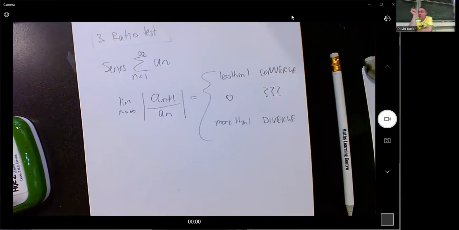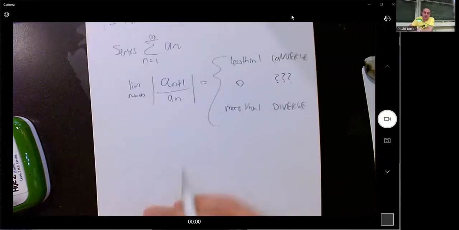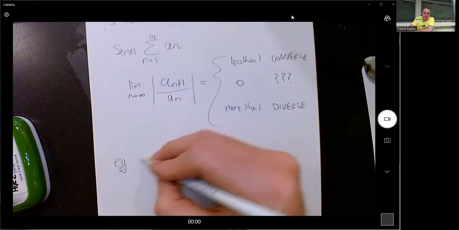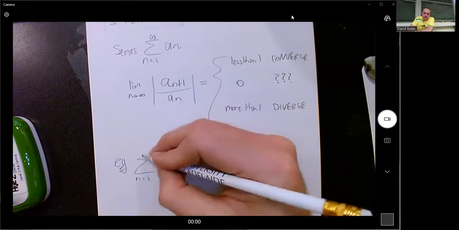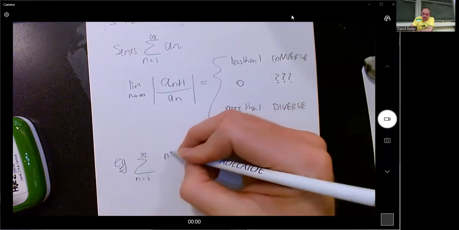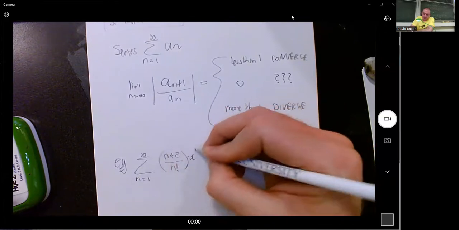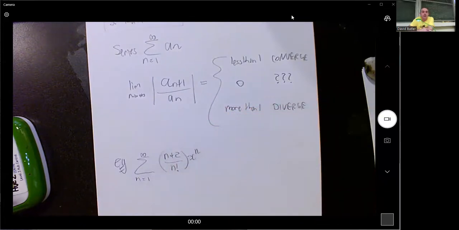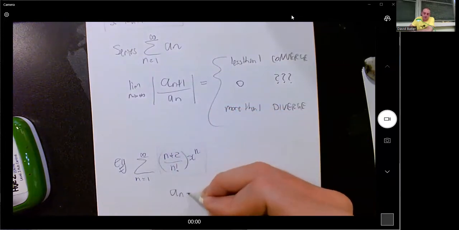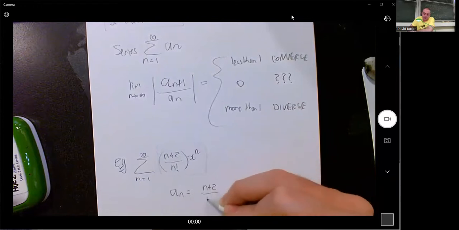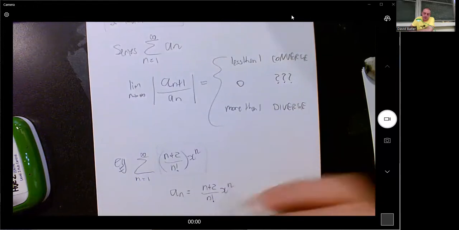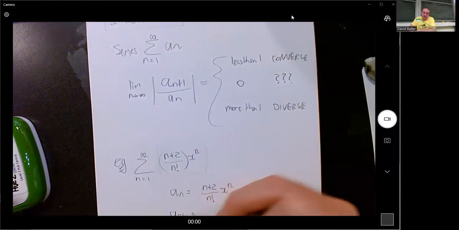Because if you've got a power series, then there's an x to the power of n. Like that. And so this entire thing is the a_n that we're talking about, and so the a_n plus 1.